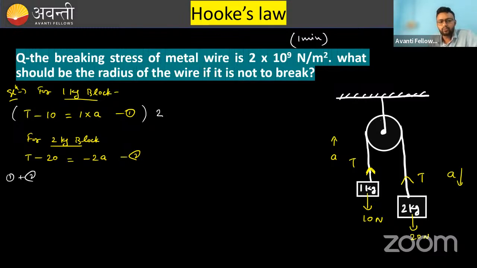You can see that this term will get cancelled out. So it will become 2T plus T, 3T is equal to, this is minus 20 and this is 20. Is it correct? That is 40. So T is equal to 40 by 3.